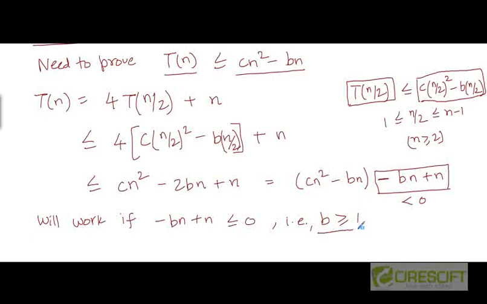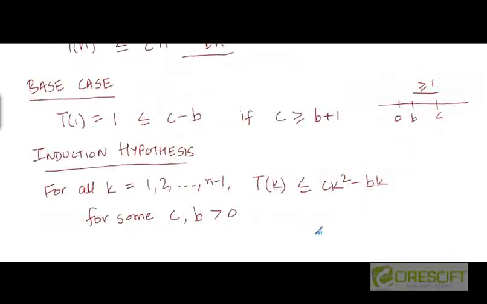So if b is greater than or equal to 1, and if c is at least as large as b plus 1, that is, if we take b to be equal to 1, c needs to be at least 2. So let's say b is equal to 1 and c is equal to 2.